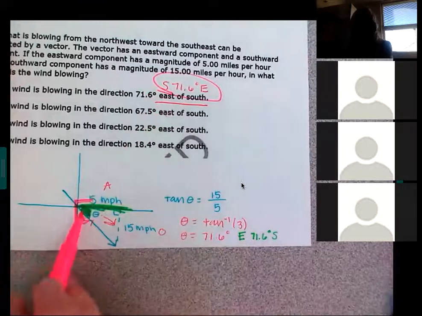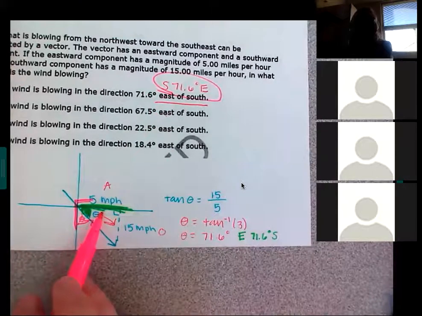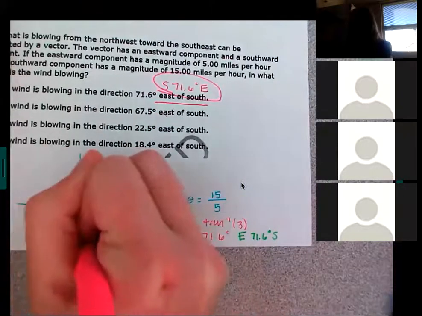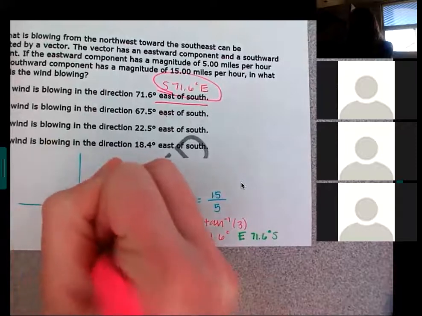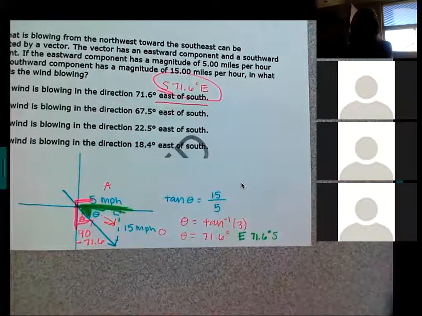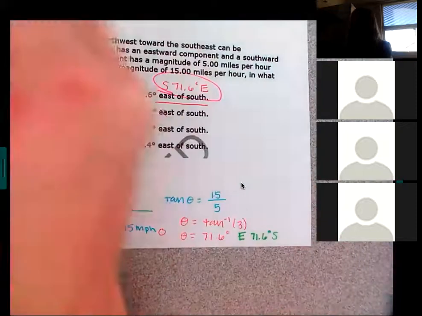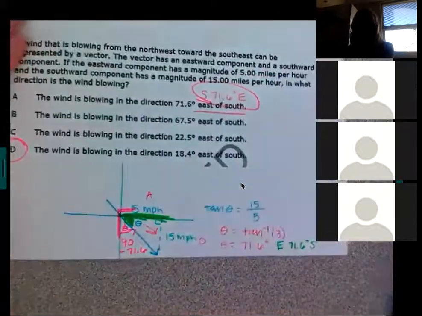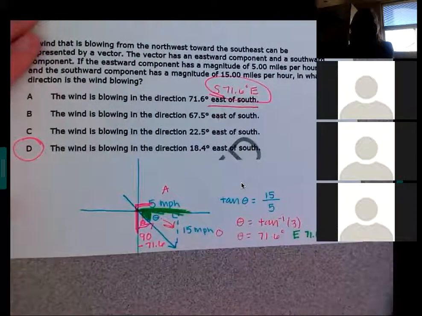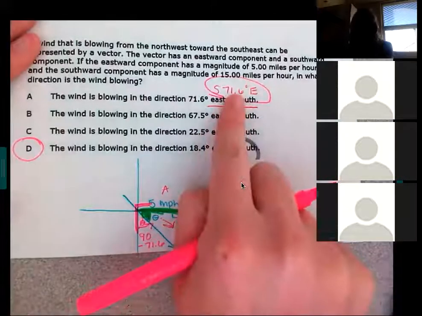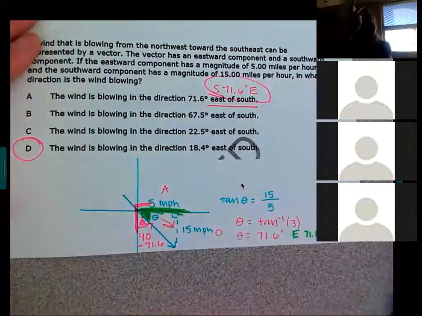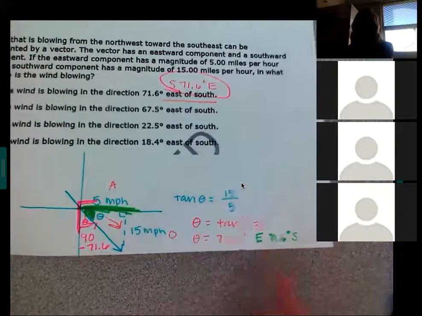They're all talking about the angle beside the one in the triangle. So you have to do 90 minus 71.6, which will then give you what? Good, 18.4. So it's not A because that direction is opposite of what we actually found.